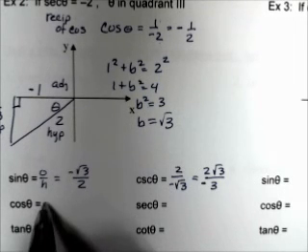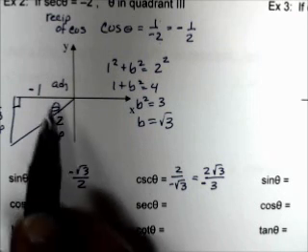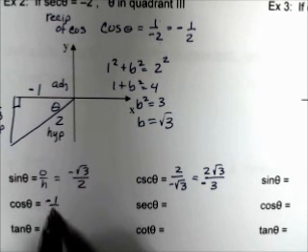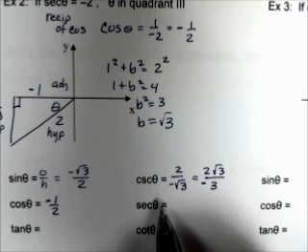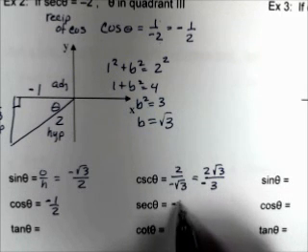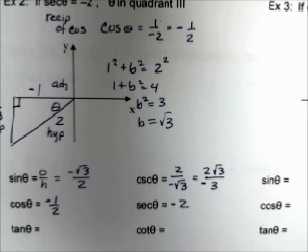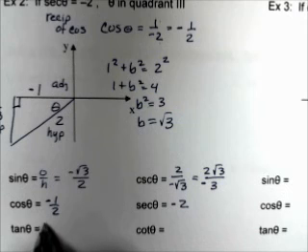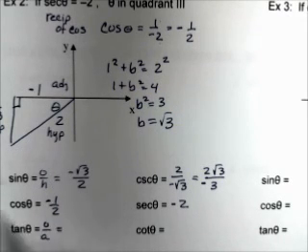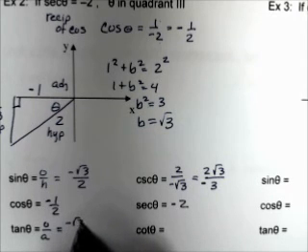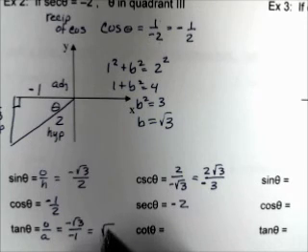Cosine of theta, adjacent over hypotenuse, negative 1 over 2. Secant, the reciprocal, that was our negative 2. Tangent, opposite over adjacent. Opposite is negative square root of 3, adjacent negative 1, so that's equivalent to simply positive square root of 3.